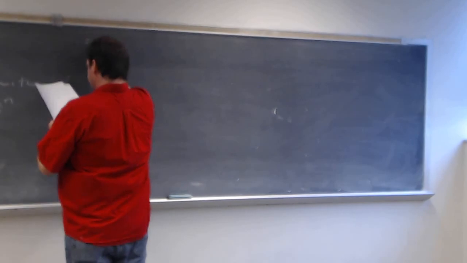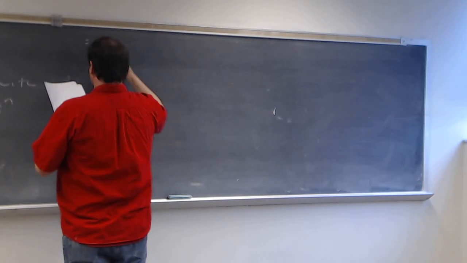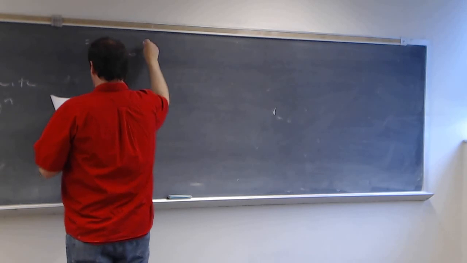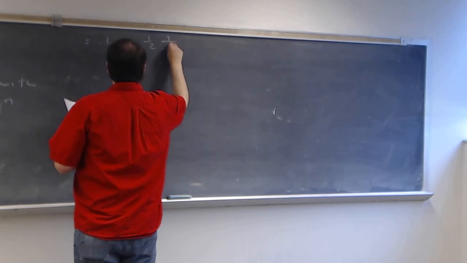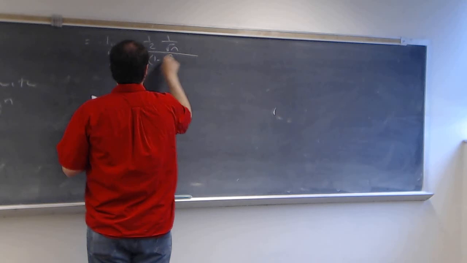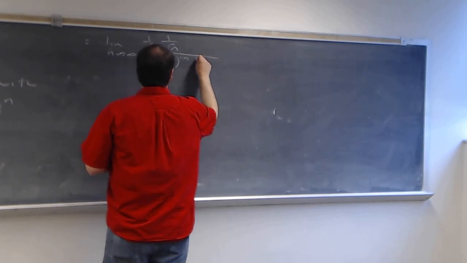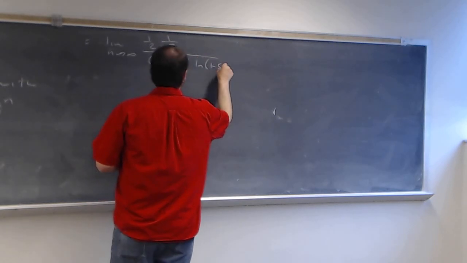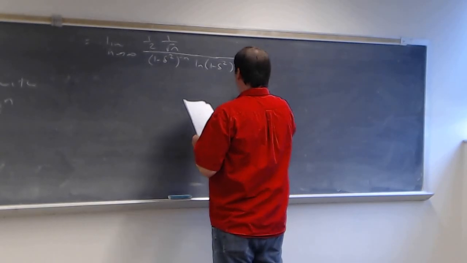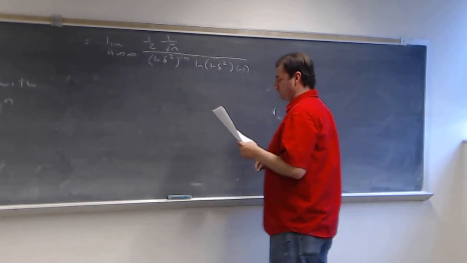So it's equal to the limit as n goes to infinity of 1/2 over 1 over the square root of n, all over 1 minus delta squared to the minus n times ln of 1 minus delta squared, and then times minus 1, so the derivative of the n.